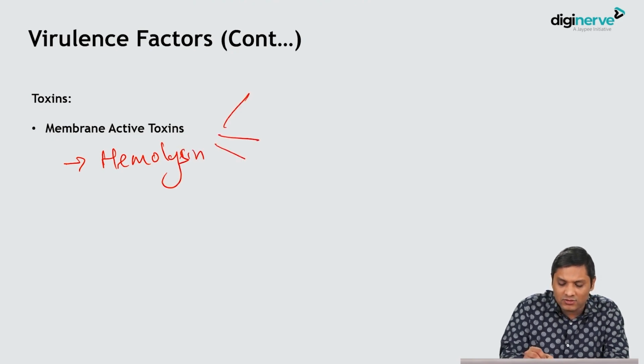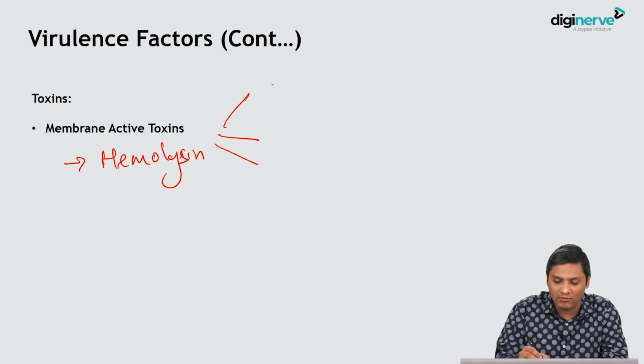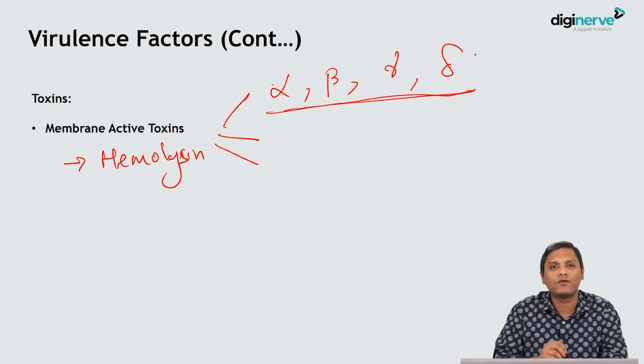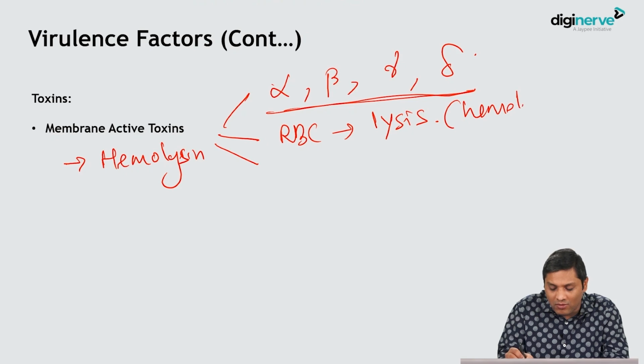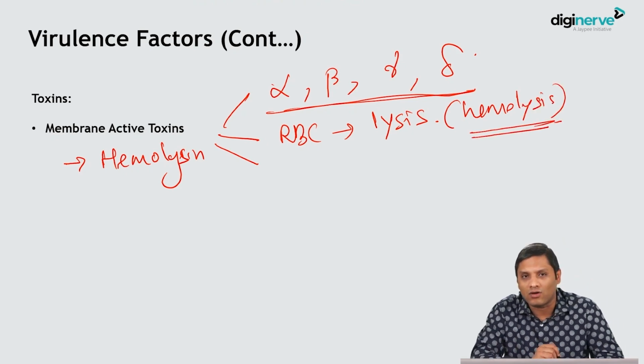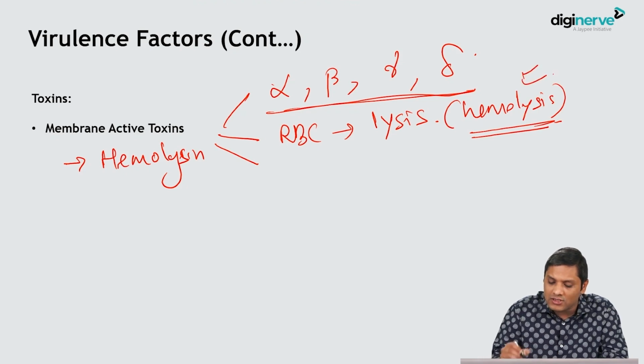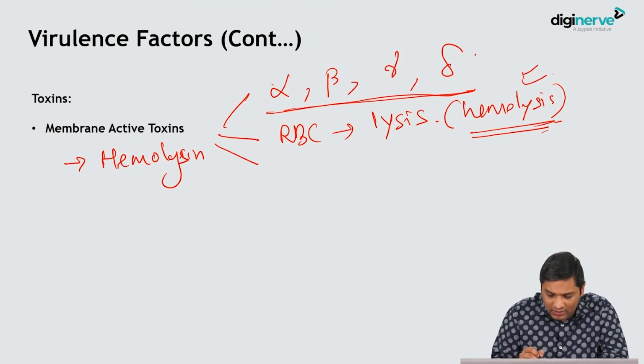Staphylococcus aureus can produce four types of hemolysins: alpha, beta, gamma, and delta hemolysin. They act on RBCs to produce lysis, which is why they are called hemolysins.